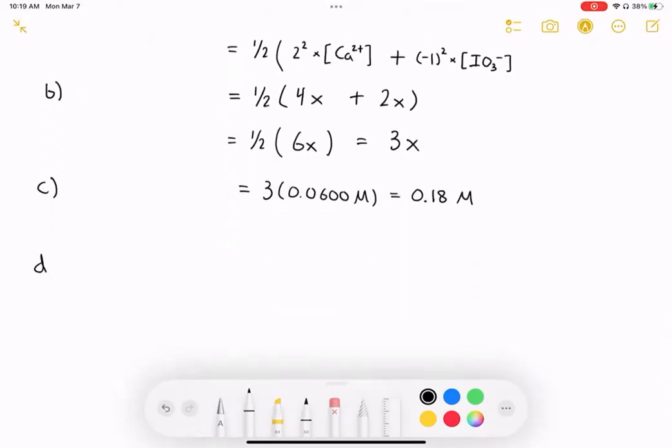Now part D is where we go to our table in the introduction and find the coefficients for calcium 2 plus and calcium iodate. So let's go back to our table in the front, table 1, and we'll look at the ions.